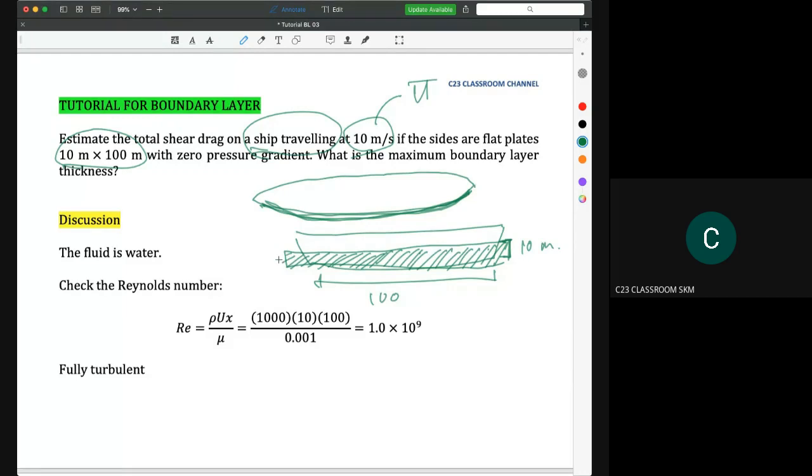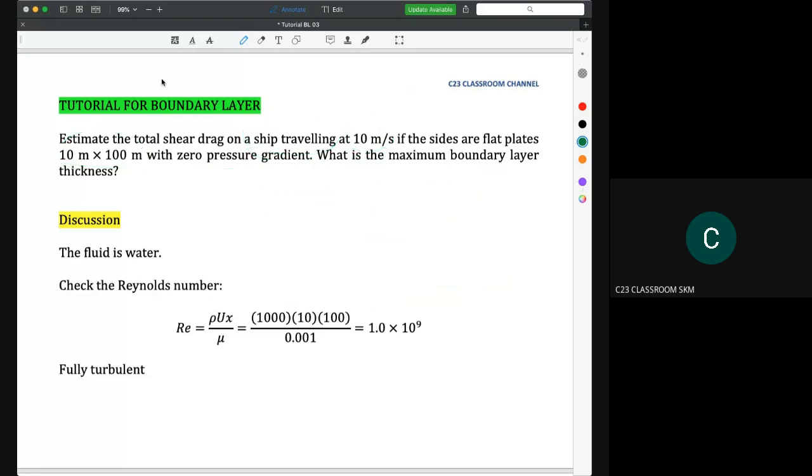What about the words zero pressure gradient? Normally in our definition, we assume that the pressure is constant, meaning the pressure is not changed. So if the pressure is not changed, the pressure gradient is zero. That's the basic assumption in a boundary layer.